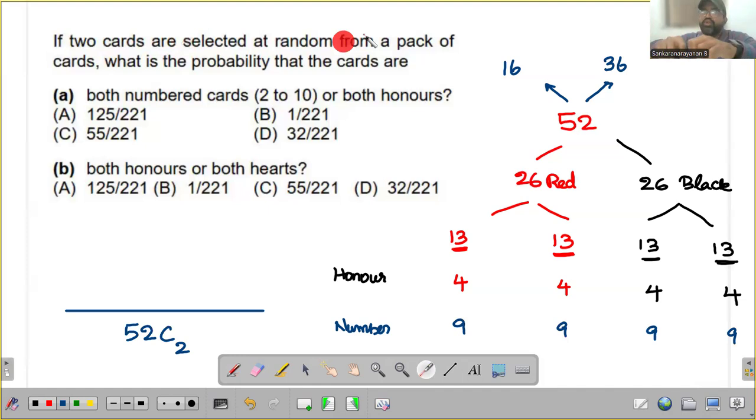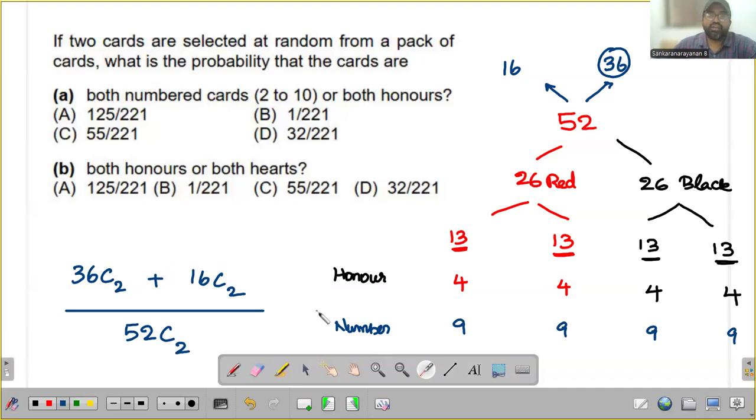You put your hands, you draw two of them simultaneously. Now the chance that both of them become numbered cards: there are 36 numbered cards, right? So 36C2 ways we can consider that both are numbered cards, or 16 honor cards are there, 16C2 ways of selecting two honor cards.